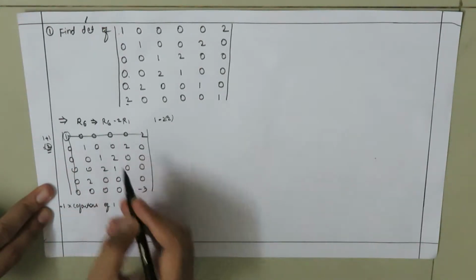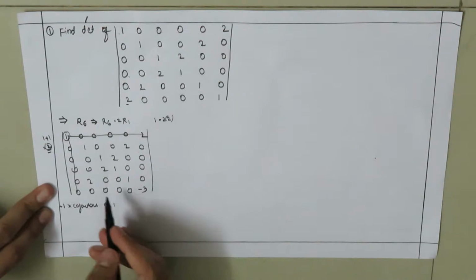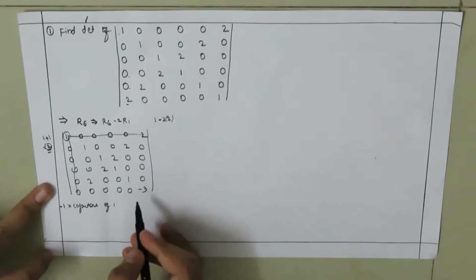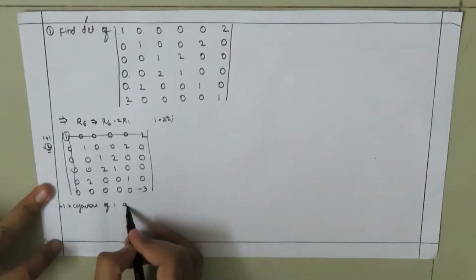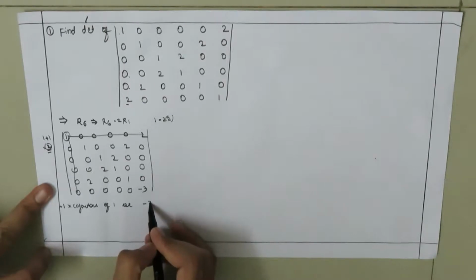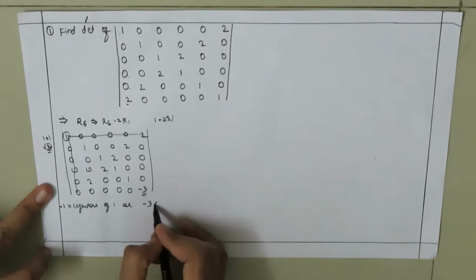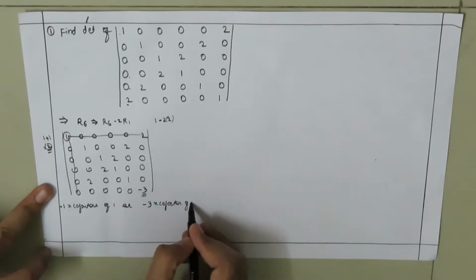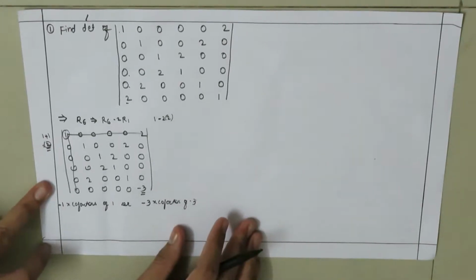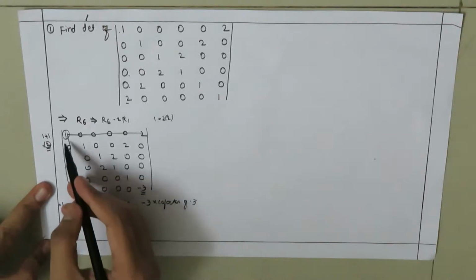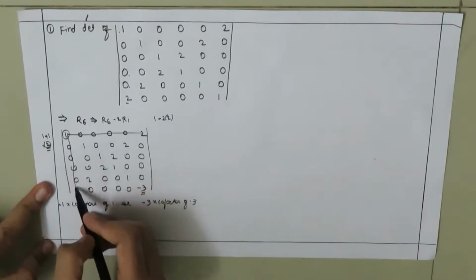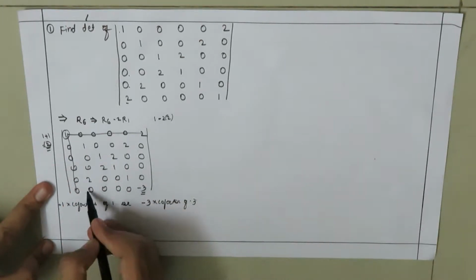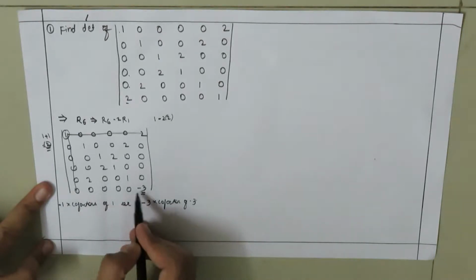these all elements. But we can find this value by taking another choice, that is, we can take -3, this element, times the cofactors of -3. This is first row, second row, third row, fourth row, fifth row, sixth row, and this is first element, second, third, fourth, fifth, sixth.